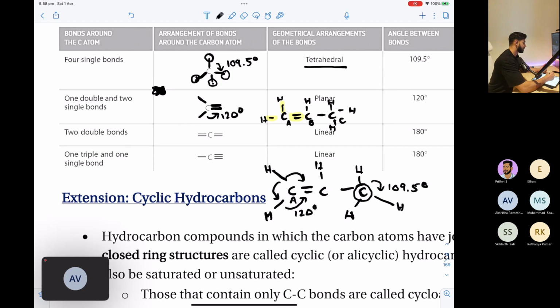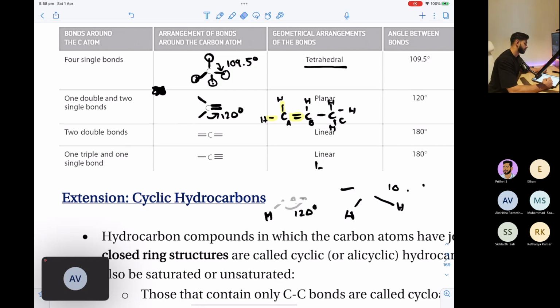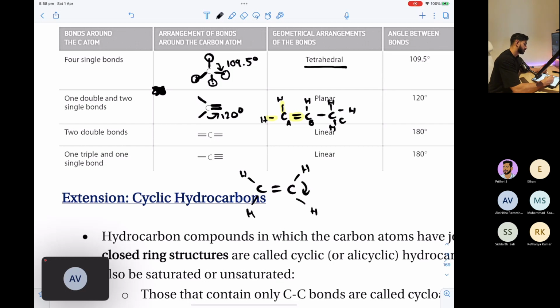The simplest example of this with a 120-degree bond angle is ethene. Ethene looks like this. I want you all to remember, ethene is probably one of the most important molecules in all of organic chemistry, and it has a trigonal planar arrangement of both carbons, carbon number 1 and carbon number 2.